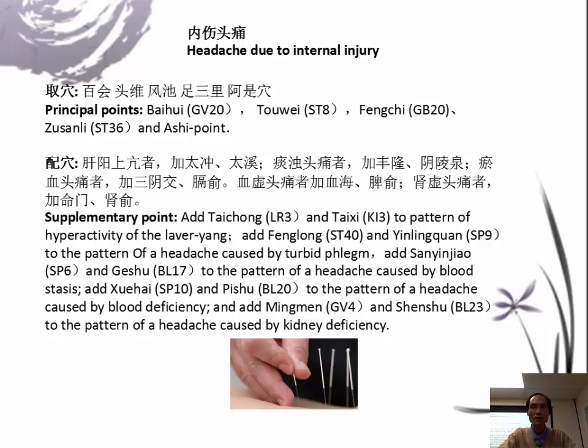Whenever we have kidney deficiency, of course everybody knows that the back shu point for the kidney is BL23. For people suffering from lower back pain, you have to tonify BL23. Besides that, you consider Mingmen, GV4.